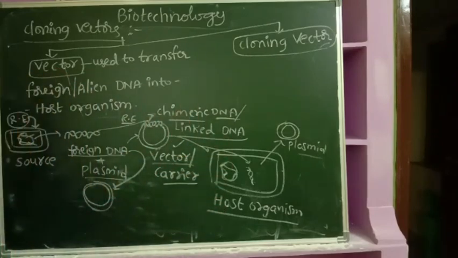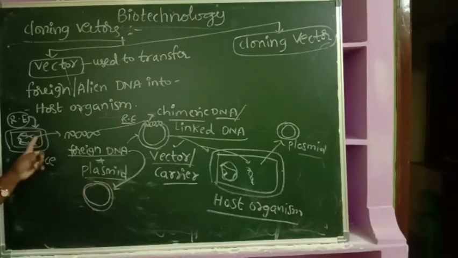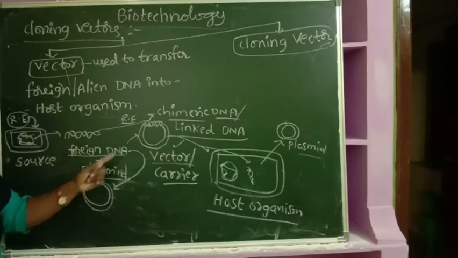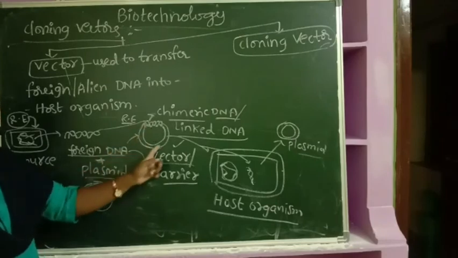From the source organism, with the help of restriction endonuclease, a fragment of DNA is cut and comes out. The same restriction endonuclease also cuts the plasmid. Now the foreign DNA combines with the plasmid with the help of DNA ligase, and it becomes part of the plasmid.